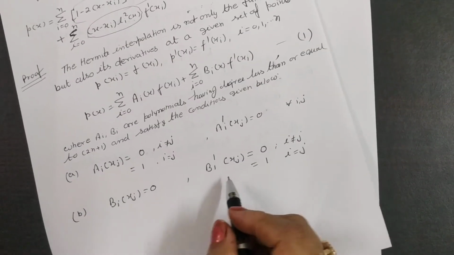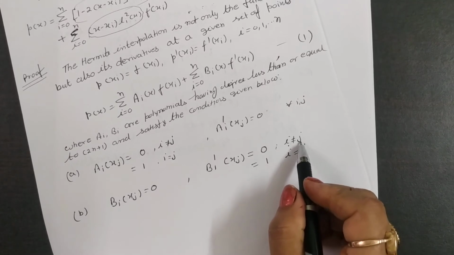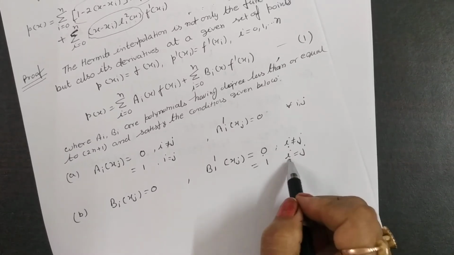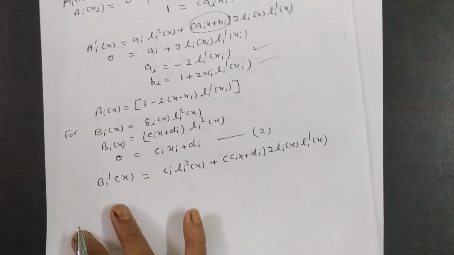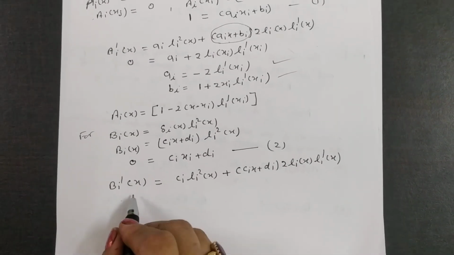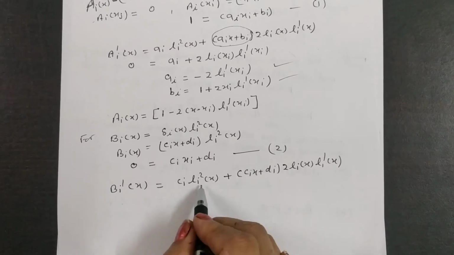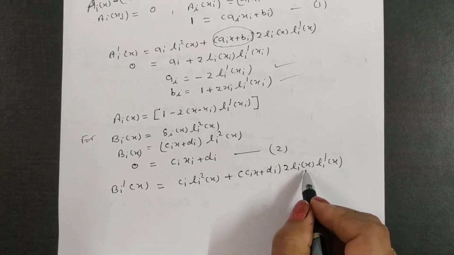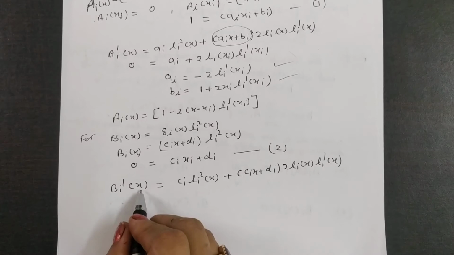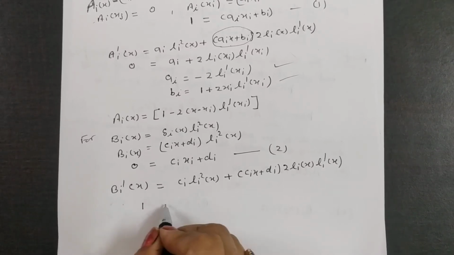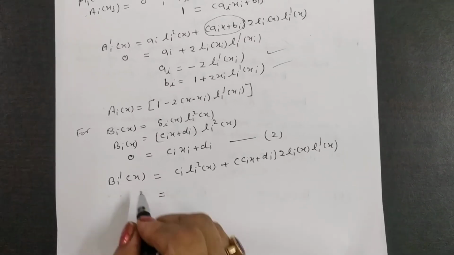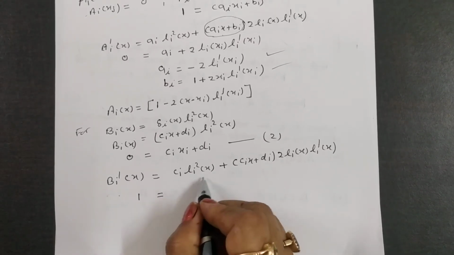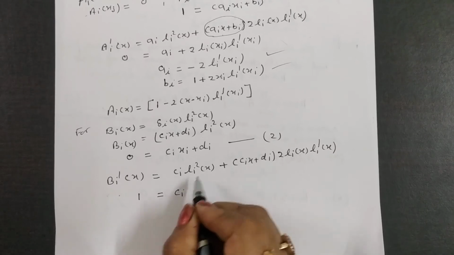Now here you see the condition: if i is not equal to j, then this is 0; if i is equal to j, then this is equal to 1. So when you substitute xj, this term is 0. If you substitute i, then bi dash xi is given as 1.